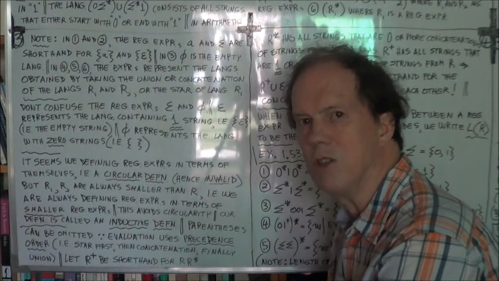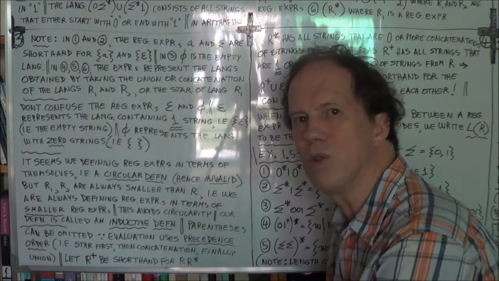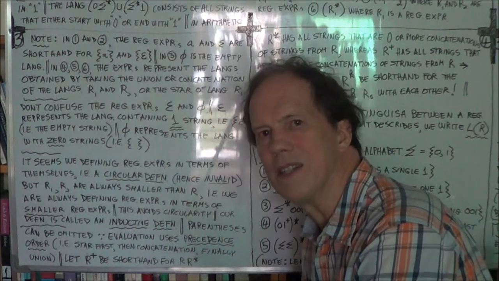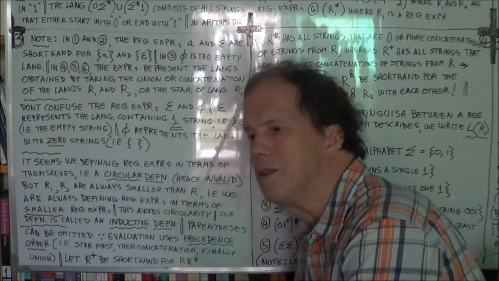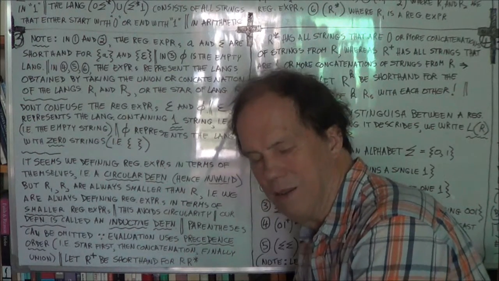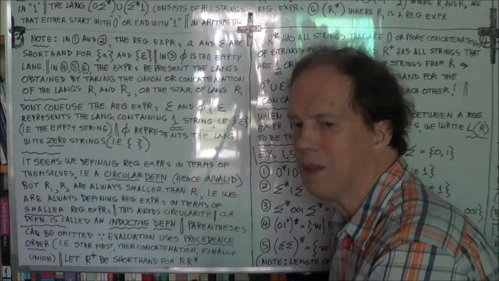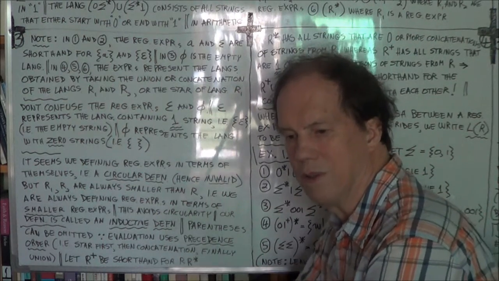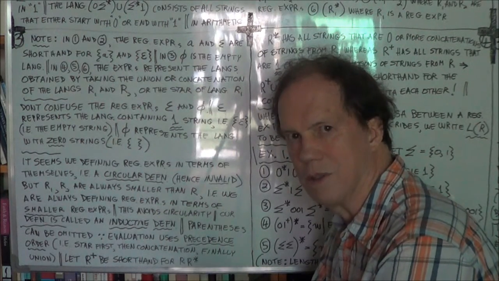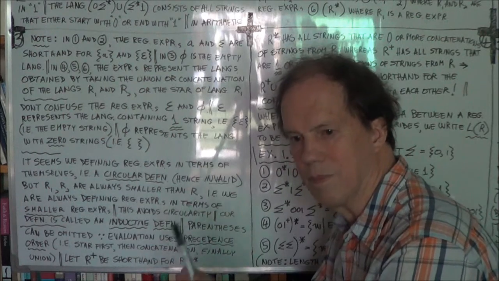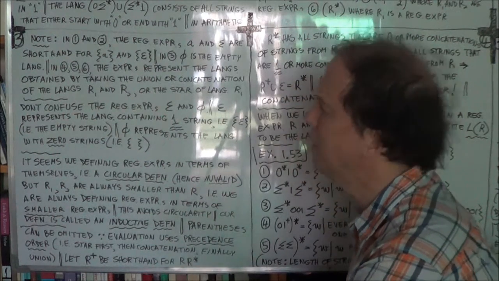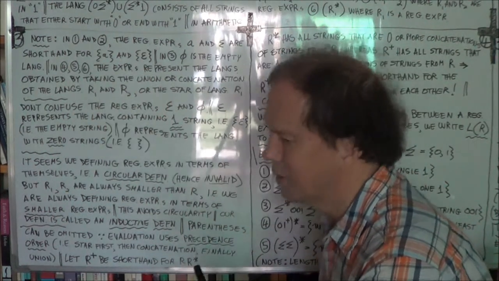In other words, you're unioning two sets. A language is just a set of strings. Okay, so you're unioning 2 sets of strings. So you get this bigger set of strings that is the union of the strings of the 2 languages described by R1 and R2. And similar comment for 5 and 6.